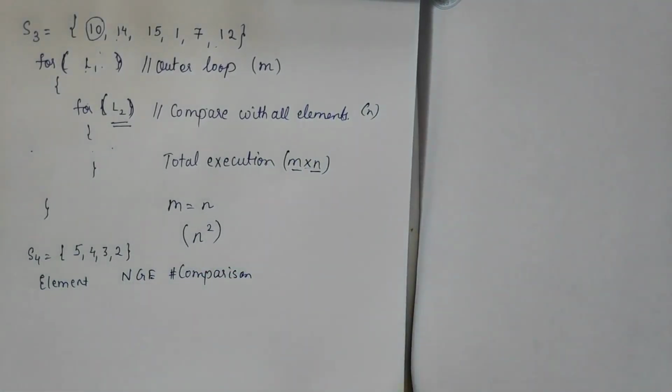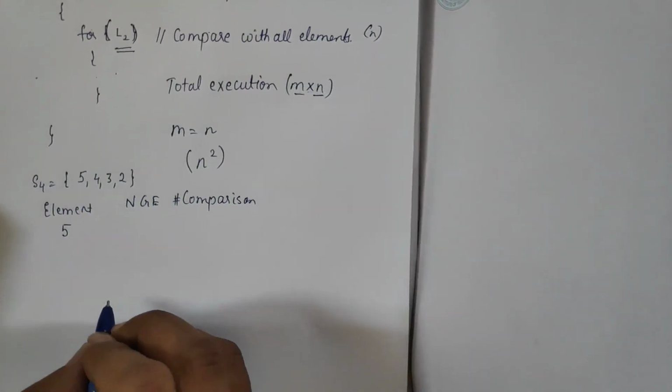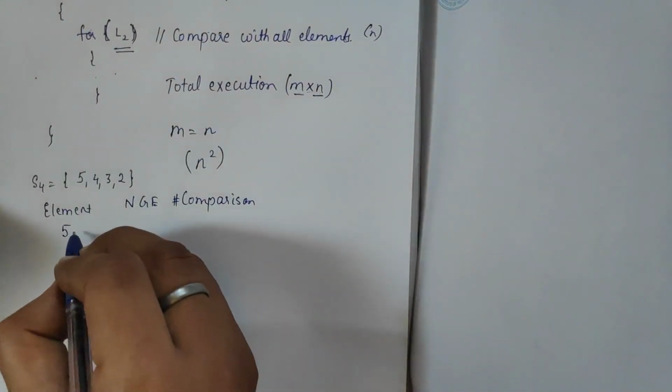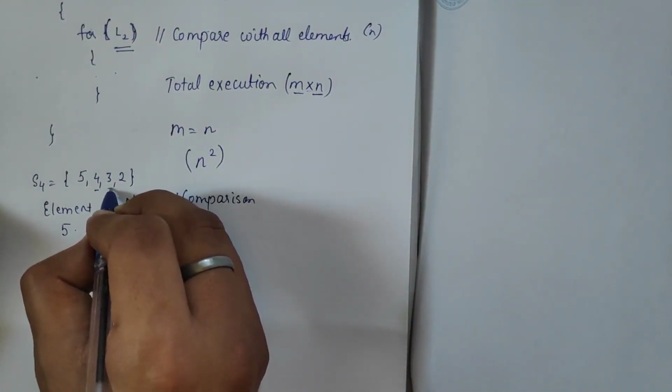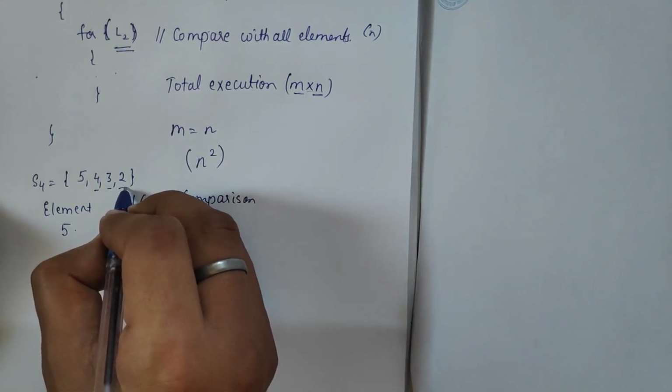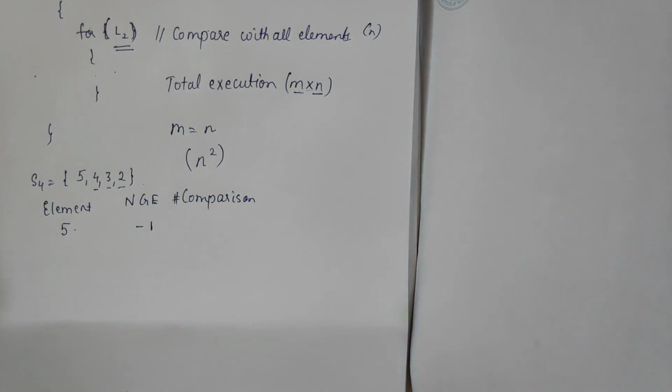Number of comparisons required: when I write the element 5, I need to compare with 4, it is smaller. I need to compare with 3, it's smaller again. I need to compare with 2, it is smaller again. Then I hit the end of the array. So next greater element is -1.